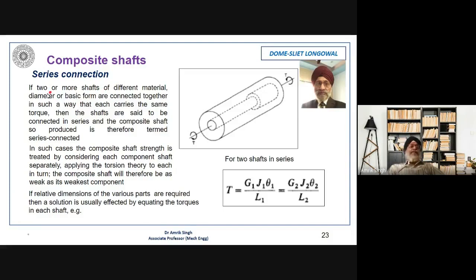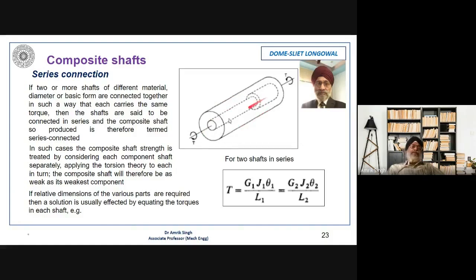A composite shaft, first of all, if two or more shafts of different material and diameter or the basic form are connected together in such a way that each carries the same torque, then the shafts are to be connected in series. We have the two combinations, one in series and another in parallel. So this is a series combination.